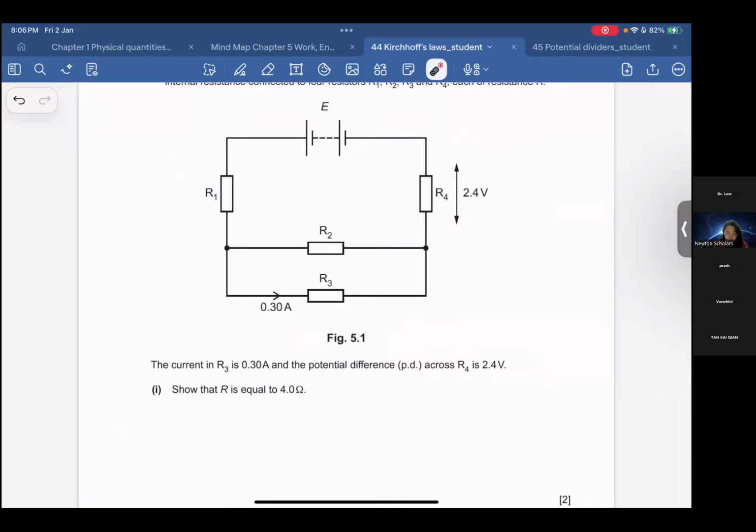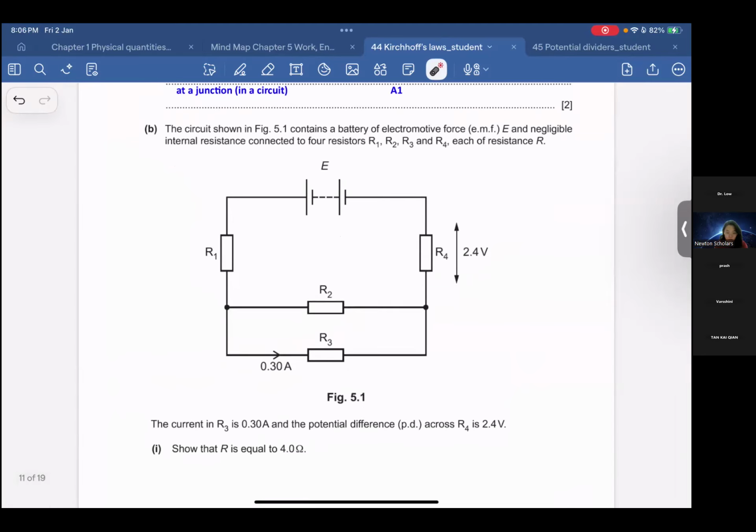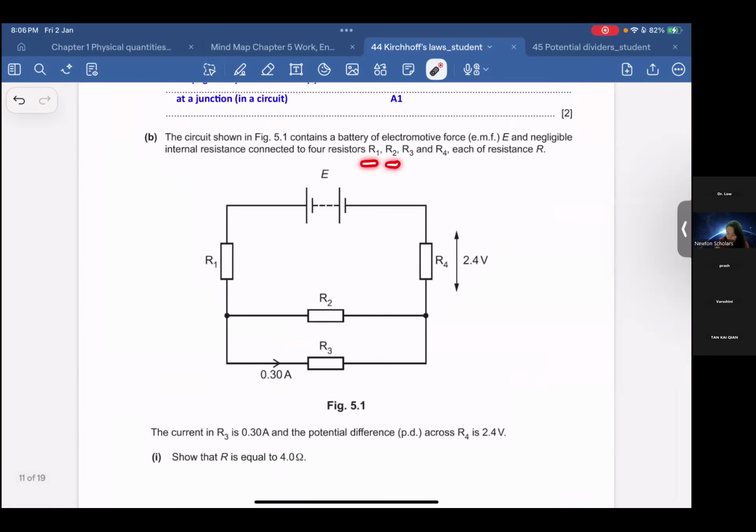Okay, let me have a look. Can you try? R1, R2, R3, R4, each of resistance R. That means they are the same resistance.